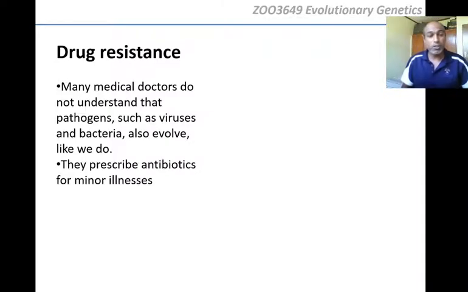Okay? So, they prescribe antibiotics for minor illness. How many times have you been to a clinic where you've got a cough or something and the doctor gives you antibiotics? That's nonsense. Why do you give antibiotics for a viral infection when you know antibiotics are not going to work? Putting antibiotics into our system. When we are eating chickens, do you know how many antibiotics they inject into that chicken while it's growing up so that it doesn't get a disease and die?